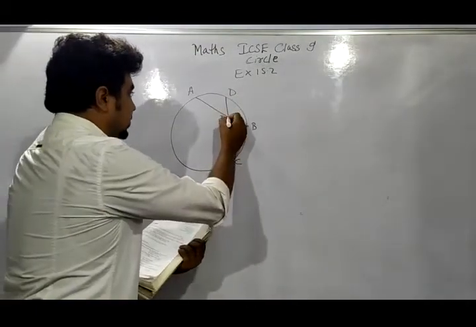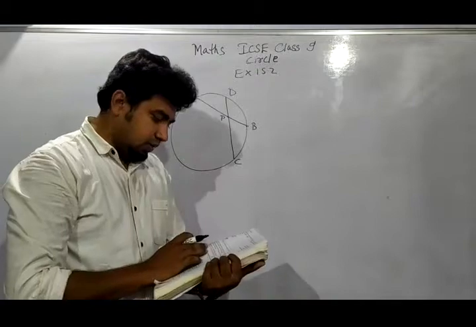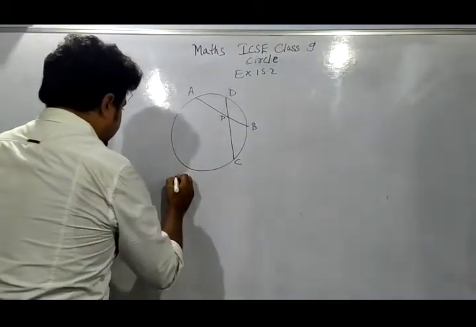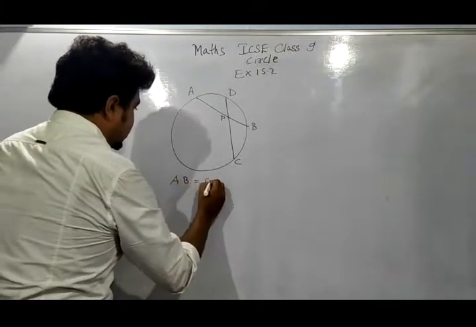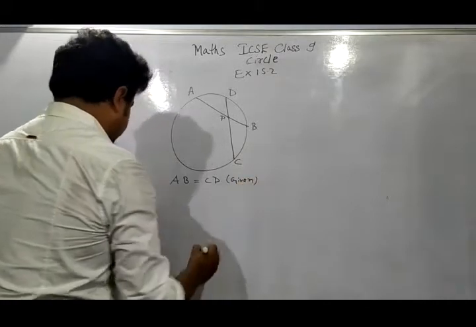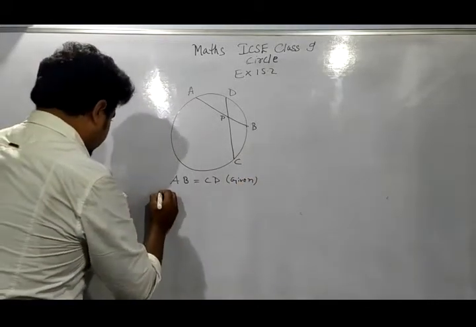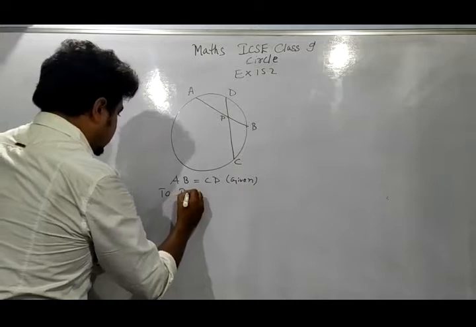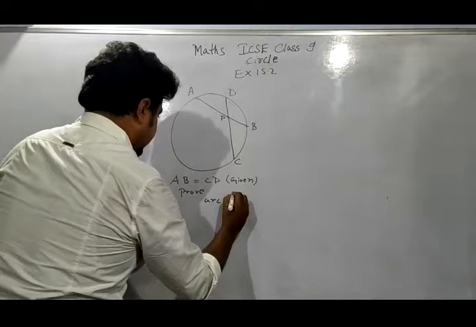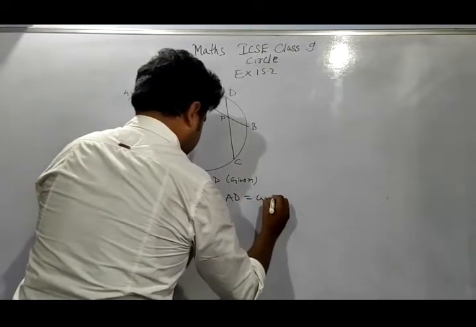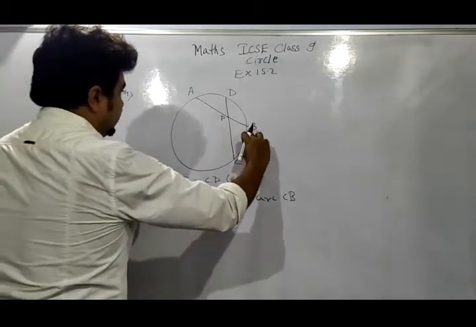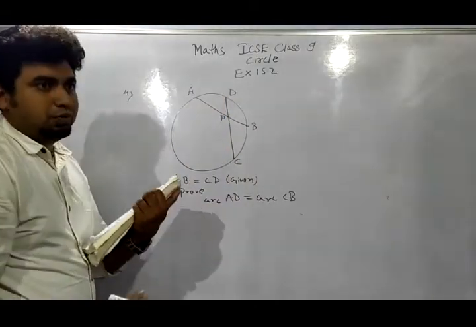They are intersecting at point P. It is given that AB is equal to CD, and we have to prove that arc AD is equal to arc CB. This arc should be equal to arc CB and AD. This we have to prove.